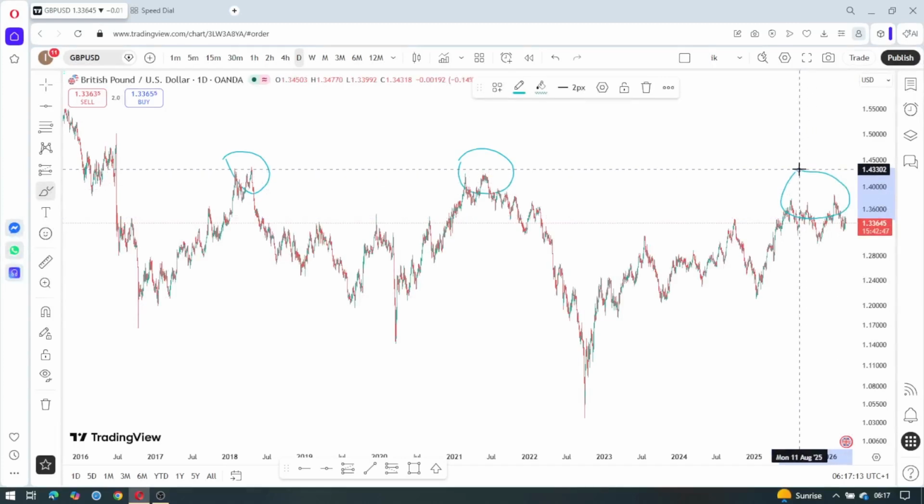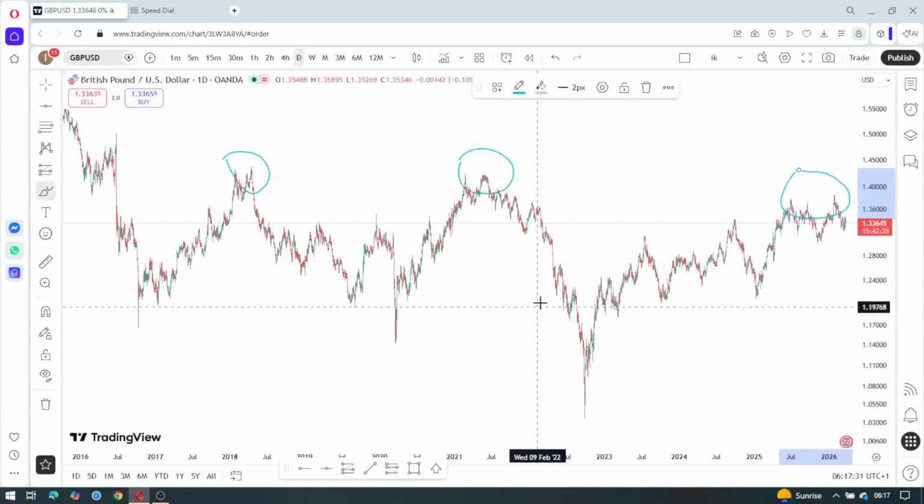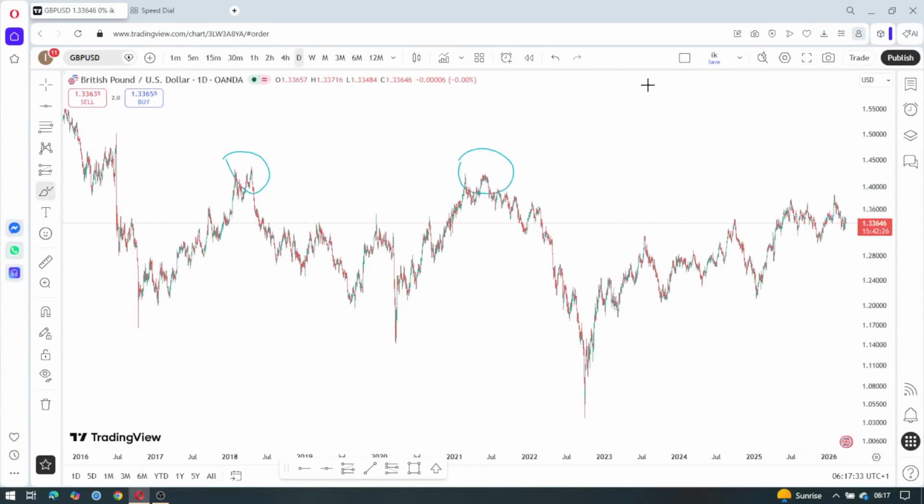You see that? They are very close in terms of making equal highs, but they are not exactly equal highs. So what do you do?